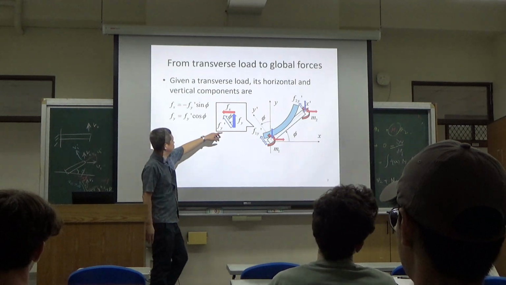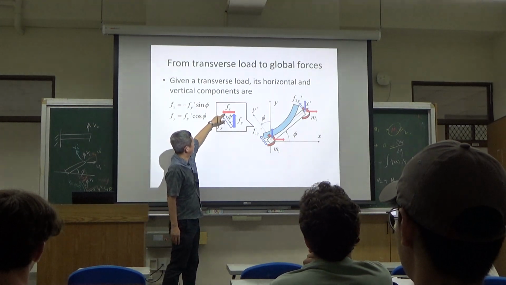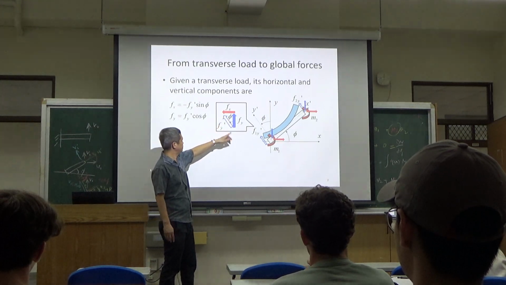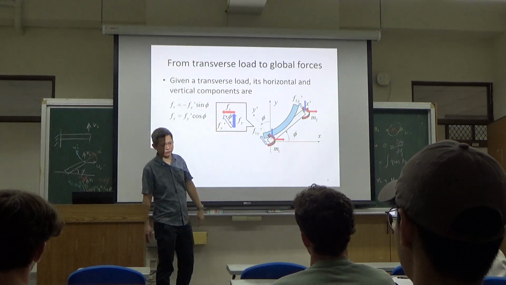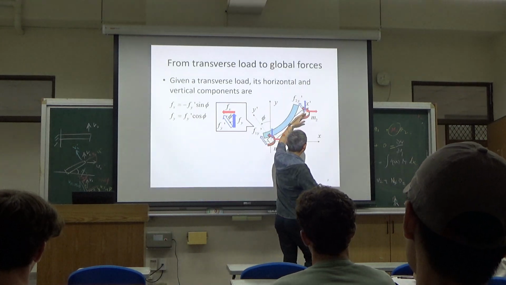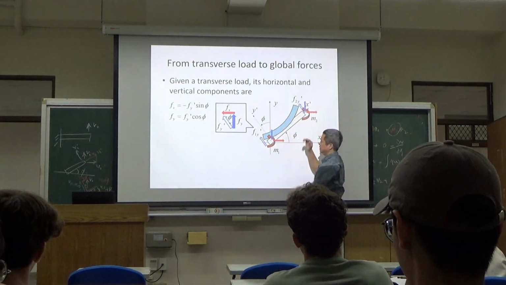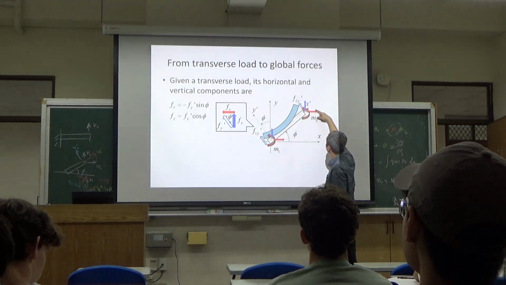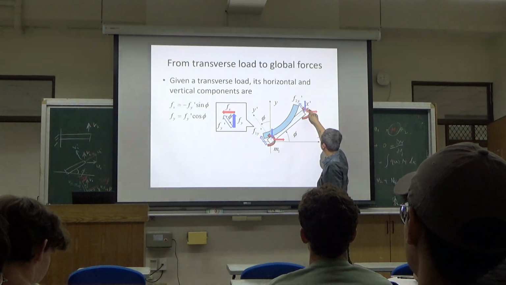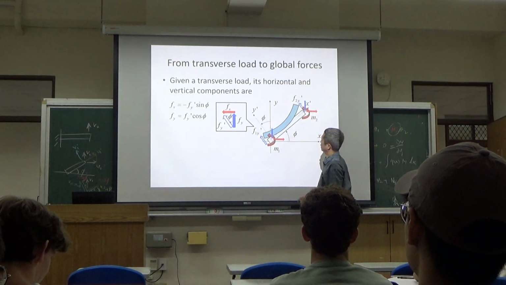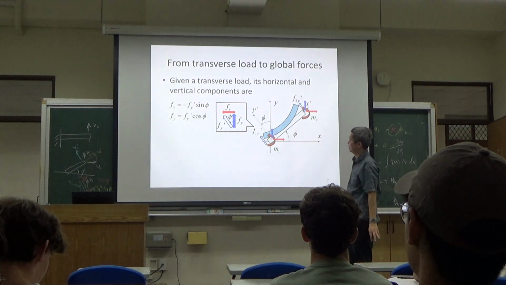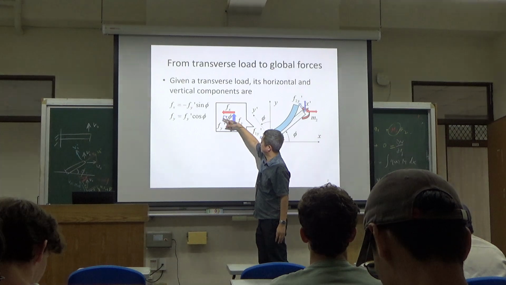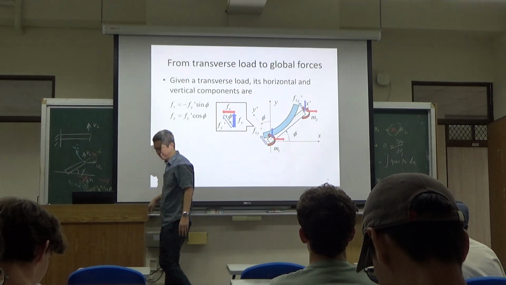Okay? And then next, you want to re-express the force. You might know vertical force and horizontal force. But when you want to apply these forces to the beam, the most important thing is to find out the transverse forces. The transverse force is the force perpendicular to the beam. Okay? So what do you do next? You just convert these global forces into the x and y direction, or you have these transverse forces converted into x and y forces.